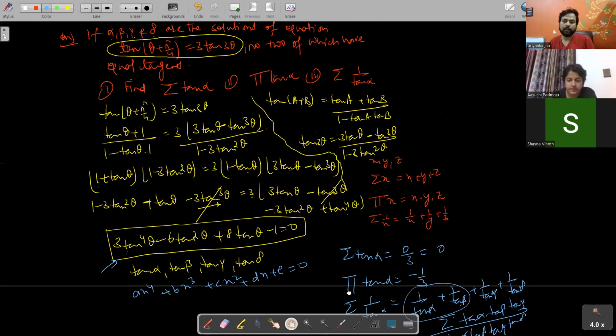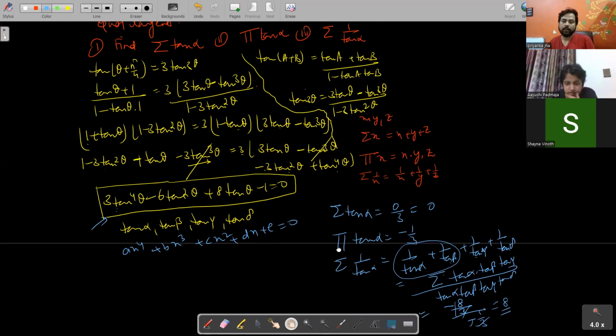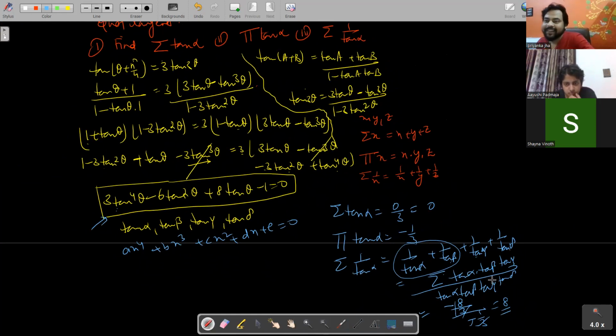Sir, when we are taking the summation in the numerator, why aren't we taking tan delta? No, it is the summation of roots taken 3 at a time. So tan alpha, tan beta, tan gamma plus tan alpha, tan beta, tan delta, and so on. Suppose you have 4 terms x, y, z and w. You take the sum of products of roots taken 3 at a time: xyz plus xyw plus yzw plus one more.